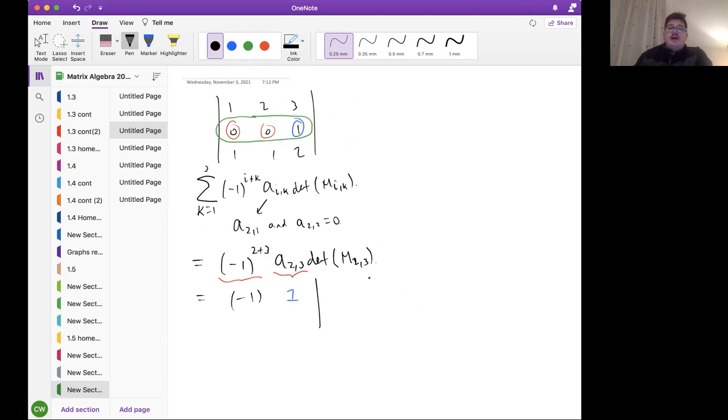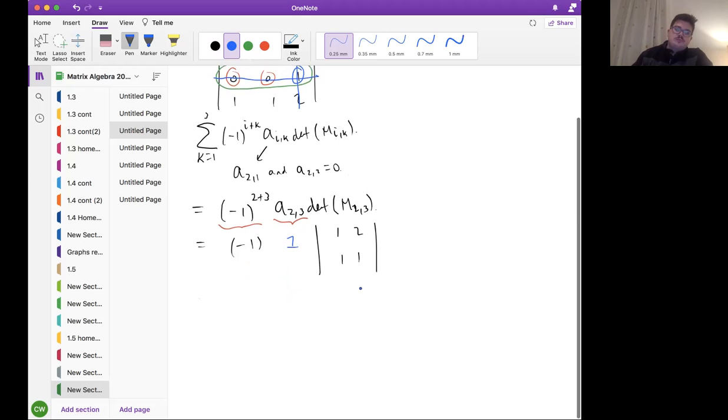Give me the first row, yeah: 1, 2. And again, you delete the third column and the second row, and what's left over is 1, 2, 1, 1. Okay, let's calculate that determinant. That is subtraction: 1 minus 2, so -1, so it's equal to 1.